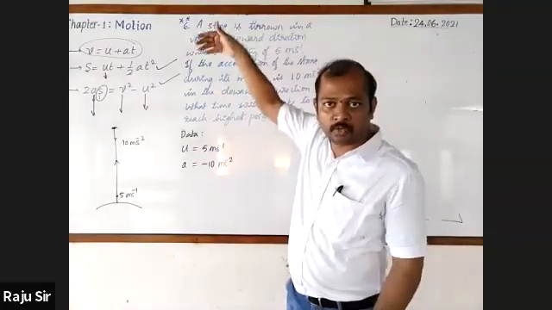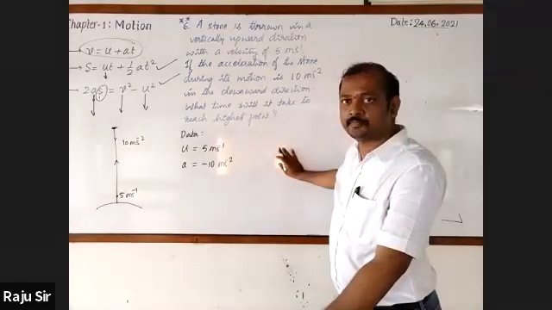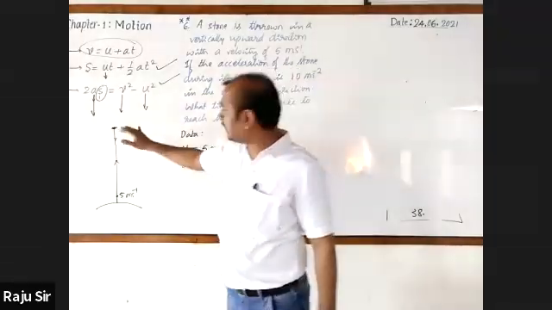Downward, it is plus 10 meters per second square. Upward, it is minus 10 meters per second square. Sir, they gave 10-meter acceleration for downwards. Then it is positive now. Yes, down. You are going to find out the time taken by the stone to reach the highest point.